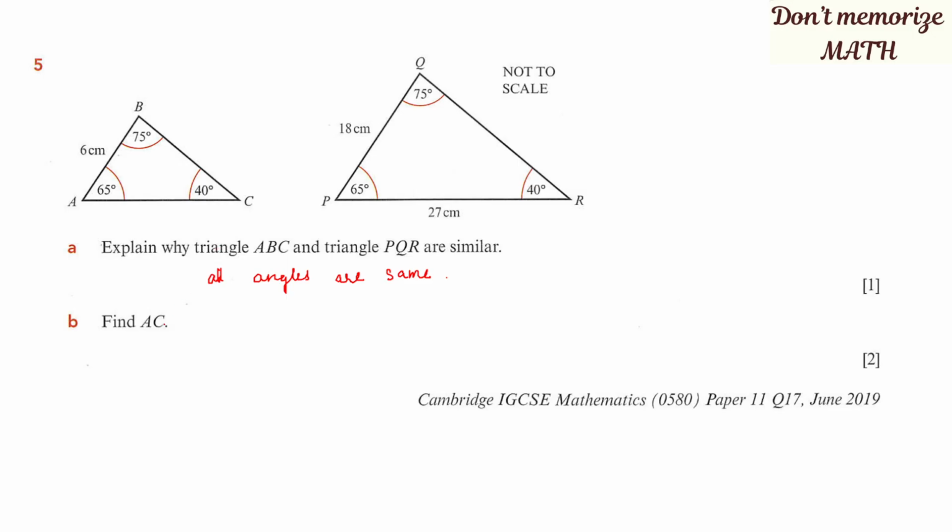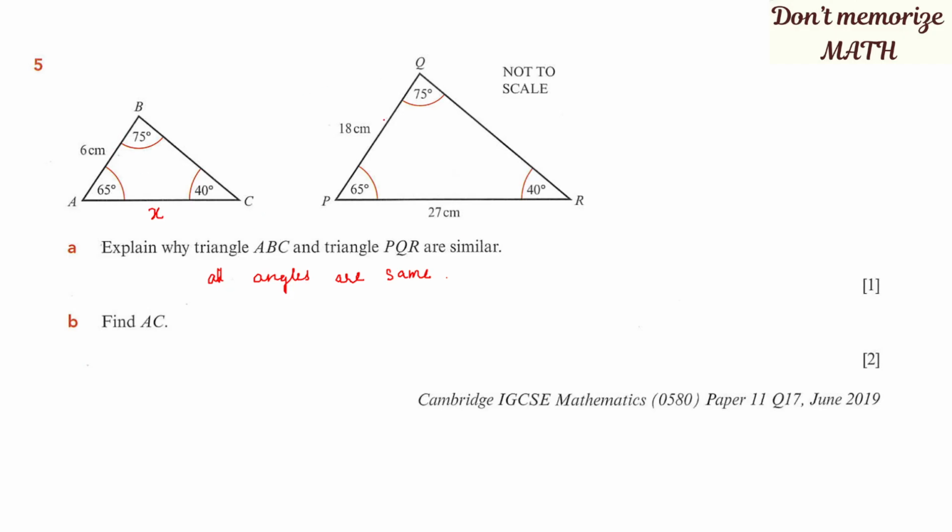Okay, find AC. So we need to find the side AC. I will mark this as x. To find any side in similar shapes, if two shapes are similar, the ratio of corresponding sides will be the same. That means you have to choose the corresponding sides.